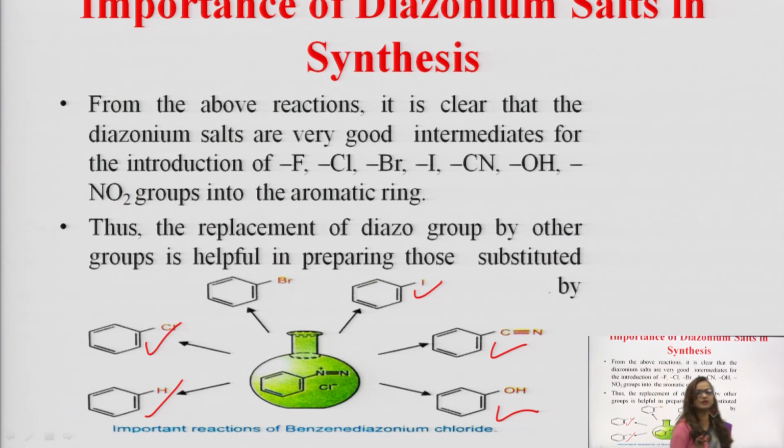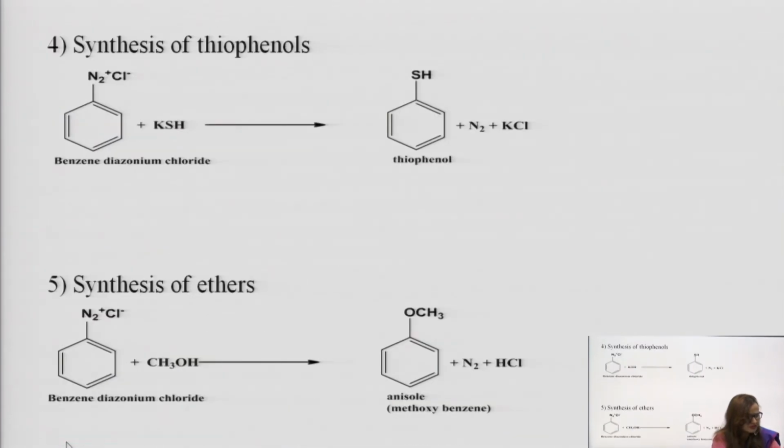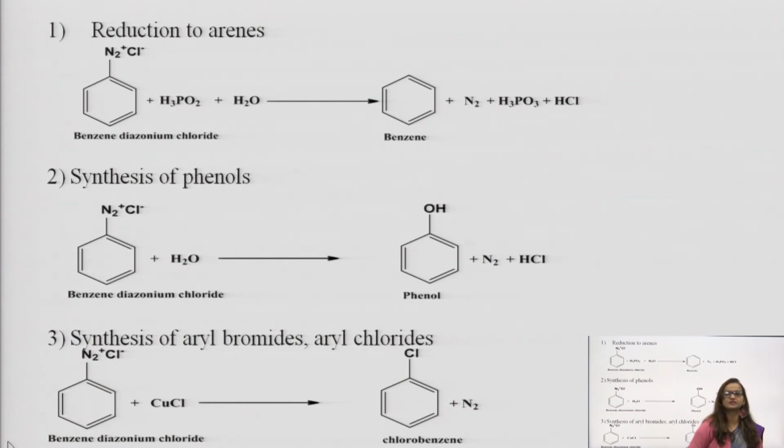So these can be used for the synthesis of many compounds. See this, reduction to arenes, it forms benzene; phenol you have seen in the previous slide. It also reacts with copper chloride and forms chlorobenzene. Then you can write all these reactions.